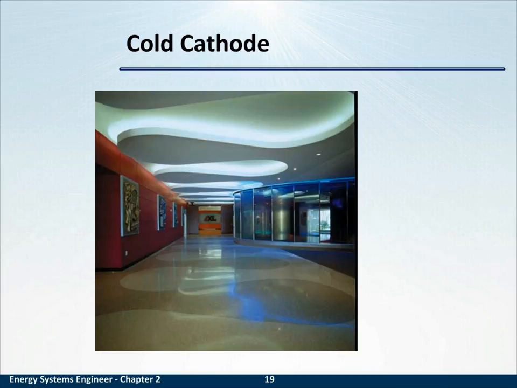The non-linearity is a benefit of a cold cathode lamp. In addition, the continuity. You don't see gaps here because as you butt the lamps end to end, that gap is small enough that you can't see it. You can have many different colors. These can be dimmable, and they're very long lasting, which is fortunate because they are quite expensive.